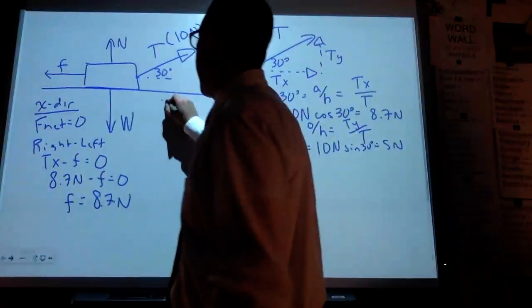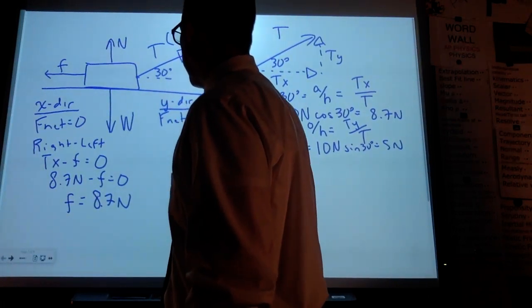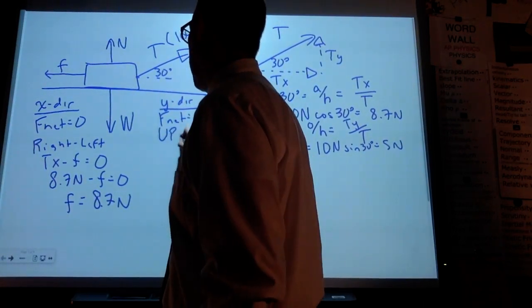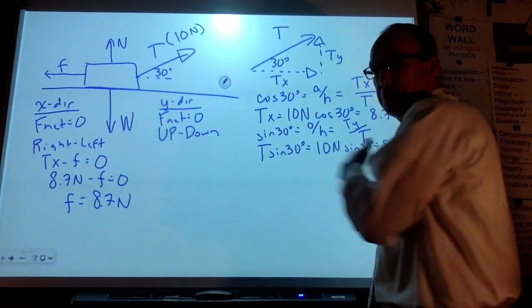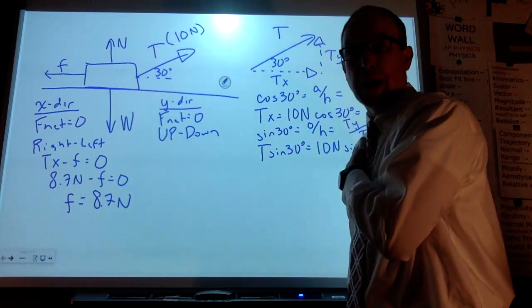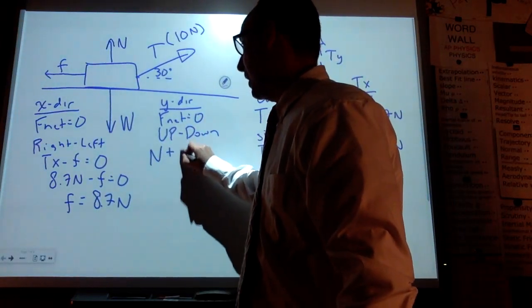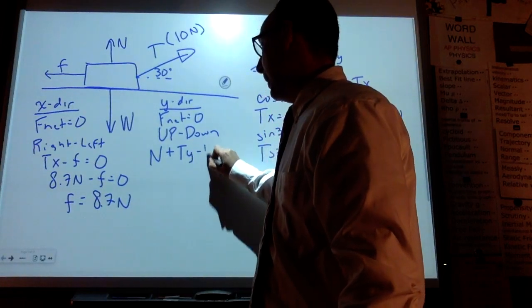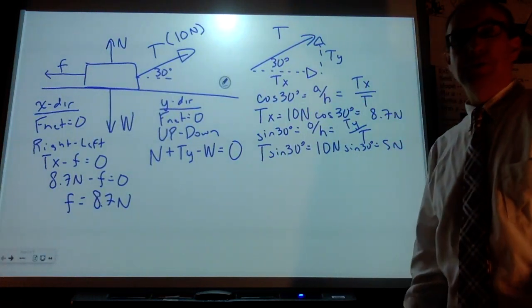So we're going to say that in the y direction, Fnet equals 0. I'm going to take up minus down, but I'm going to have 2 up. So maybe I should have wrote ups. So this is going to be N plus Ty minus W is equal to 0.